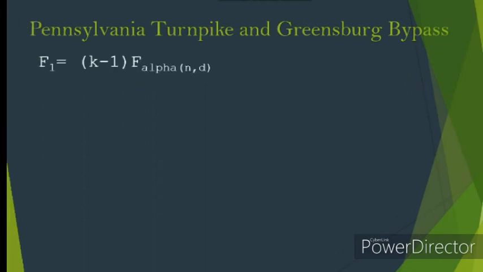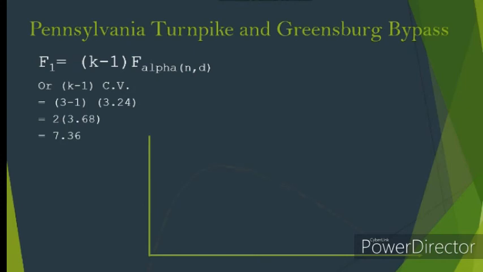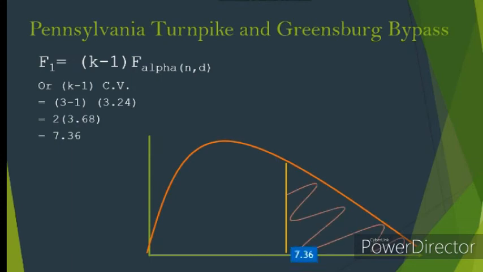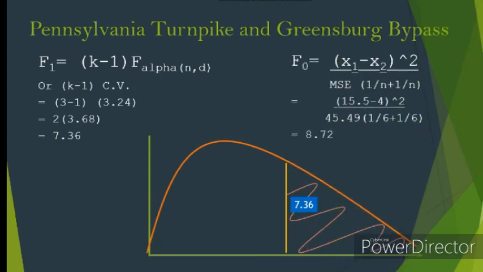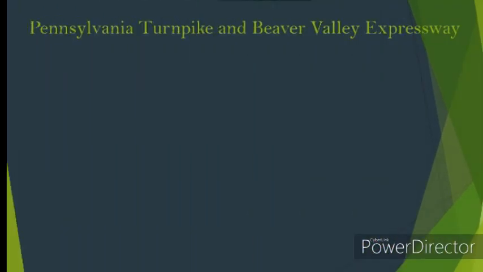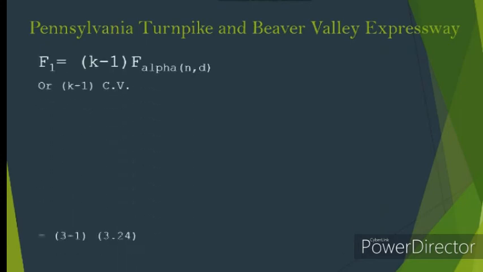For this pair, our F critical value is equal to 7.36, and using the Scheffé test formula, our F value is equal to 8.72. Since 8.72 falls on the critical region, therefore this pair has a significant difference.